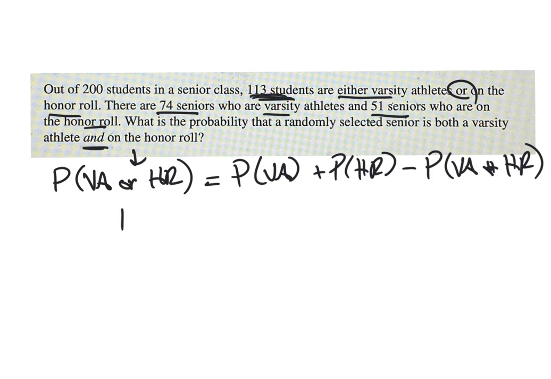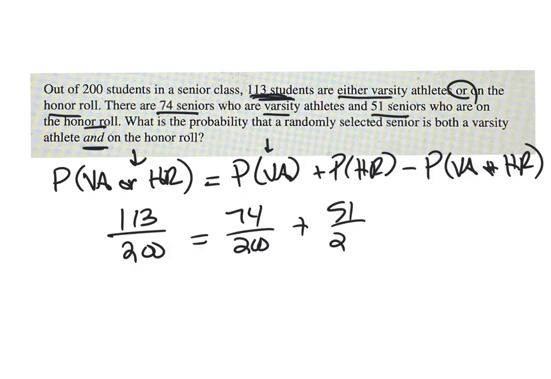Okay, that's the or. So it's 113 out of, how many are there total? There are 200 total. Okay, so probability of varsity athletes, that's 74. How many on the honor roll? 51. What I don't know is what I'm looking for. The and. I don't know the and part. So varsity athlete and honor roll. That's what I'm looking for.